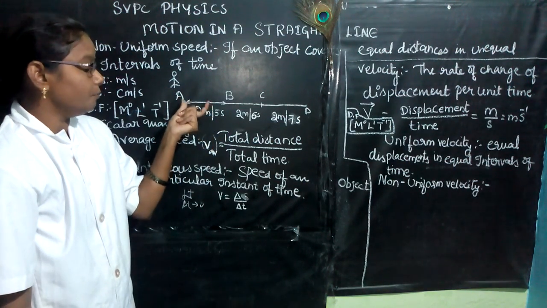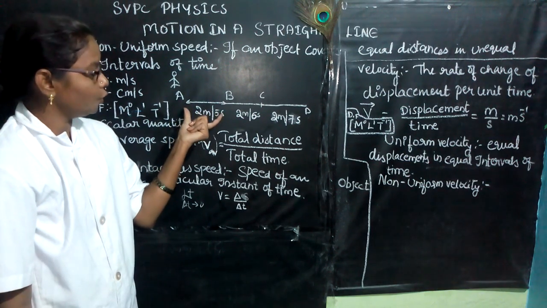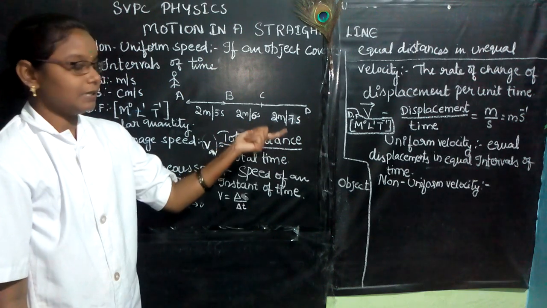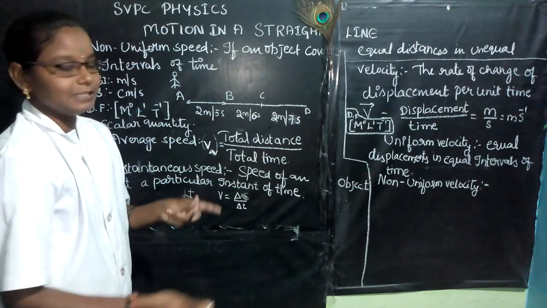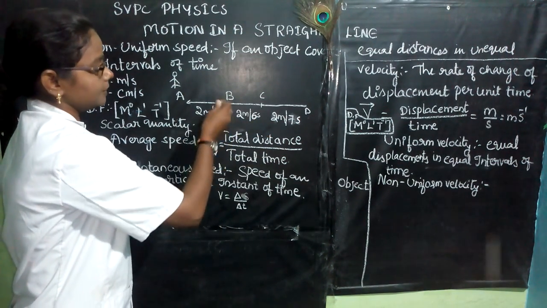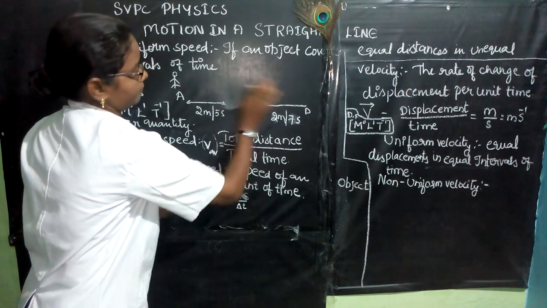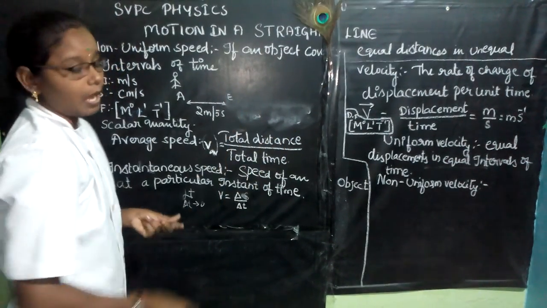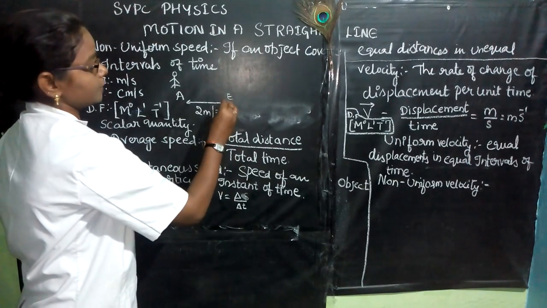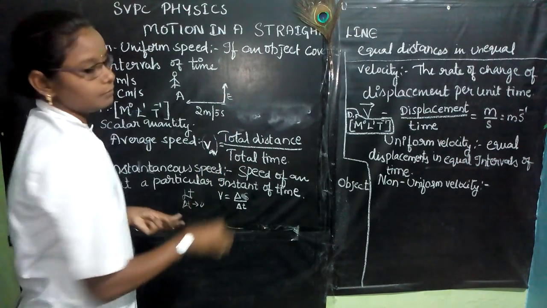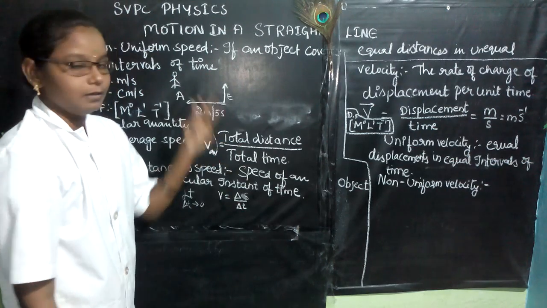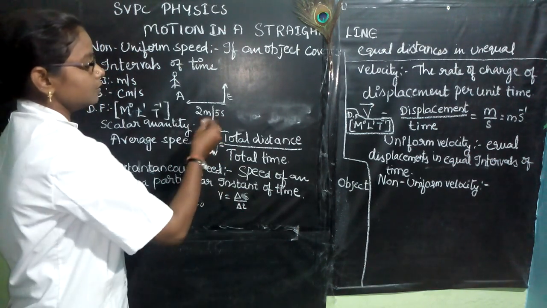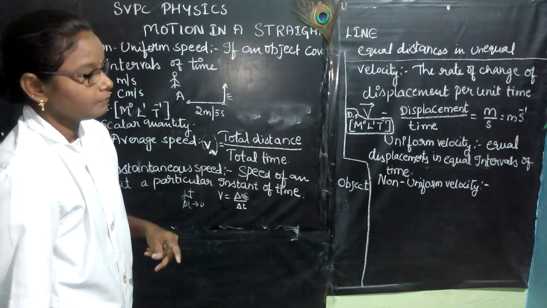If a boy covers 2 meters in 5 seconds, 2 meters in 6 seconds, 2 meters in 7 seconds, I'll change the direction. He moves in an east direction. After that, he changes direction and covers another 2 meters in the north direction.